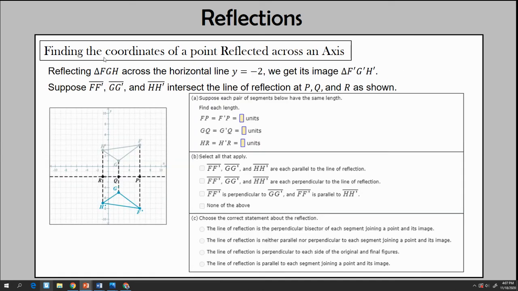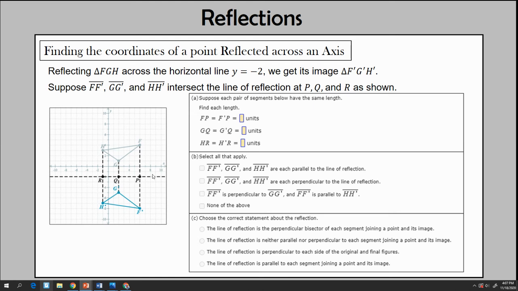Okay, the last one here. All right, it says that we're going to reflect FGH, which is this top one here, across the horizontal line y equals -2. That's this line. We get this image, F prime, G prime, H prime.